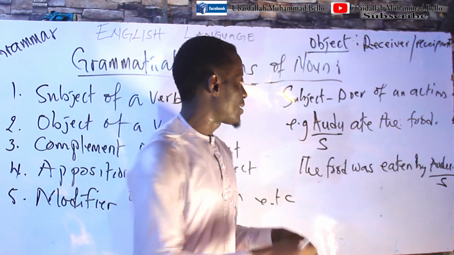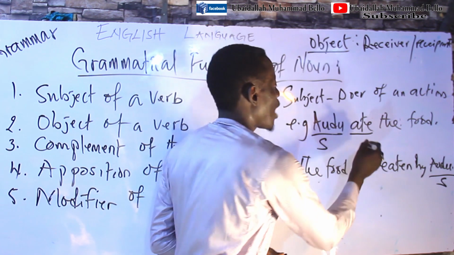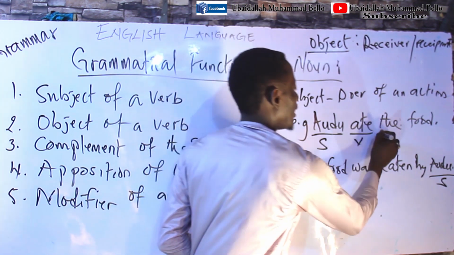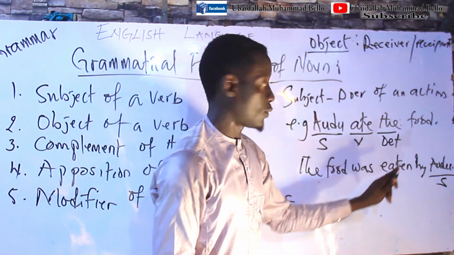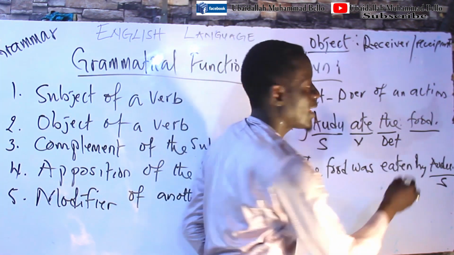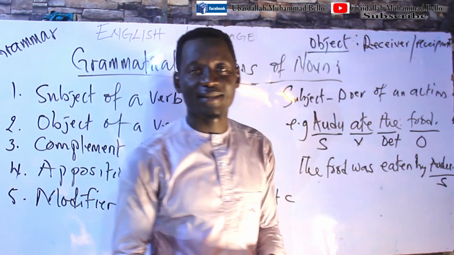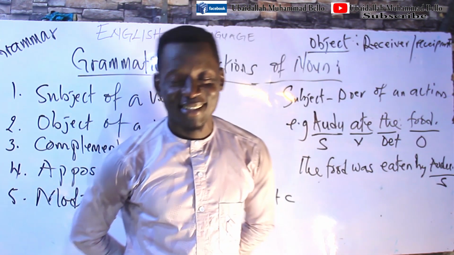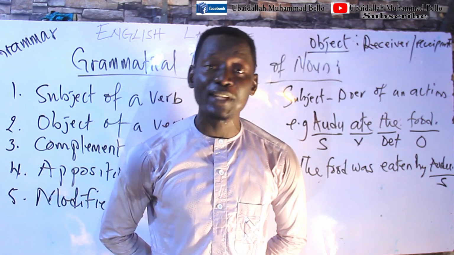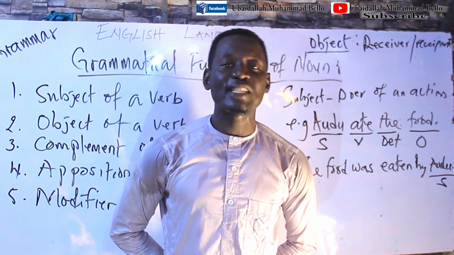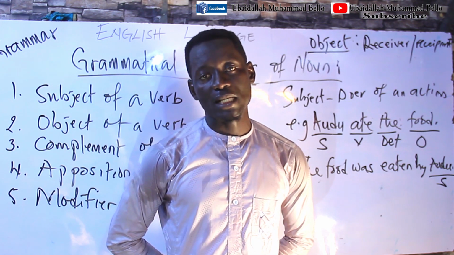Audu is the subject. Ate is our verb. The here is a determiner or article. And the last thing here is our object. And food is a noun because it is a name given to something we eat for our respective survival.